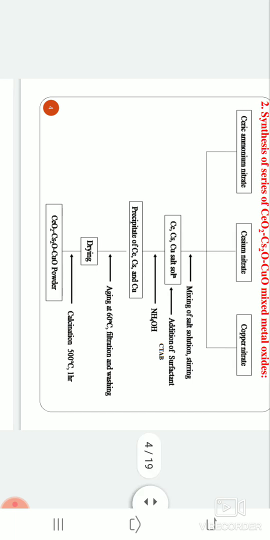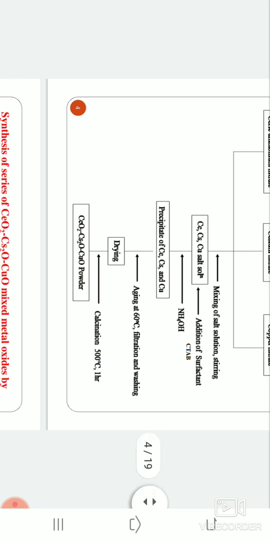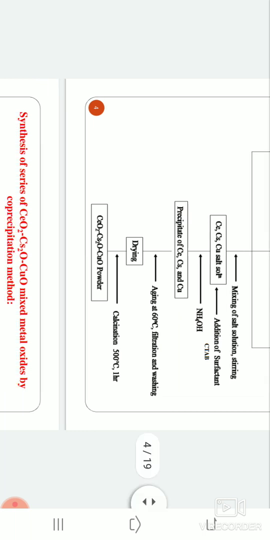Then mix these three solutions into one beaker with constant stirring and add CTAB as a structure directing agent. After that, we add ammonium hydroxide for the precipitation of these salts, age at 60 degrees Celsius, and filter and wash.